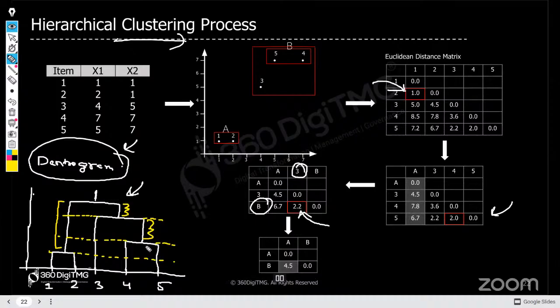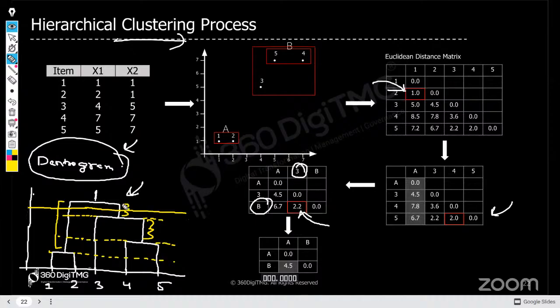So what we will do? Here we will create a horizontal line by ourselves. Sorry, a vertical line by ourselves.